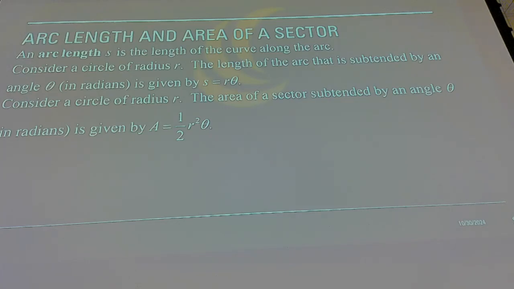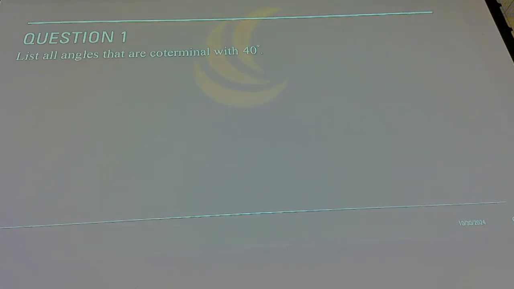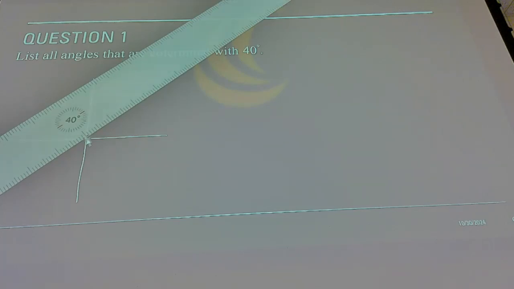Start off by listing all angles coterminal to 40 degrees. This 40 degrees.